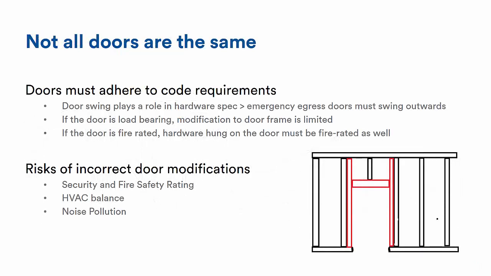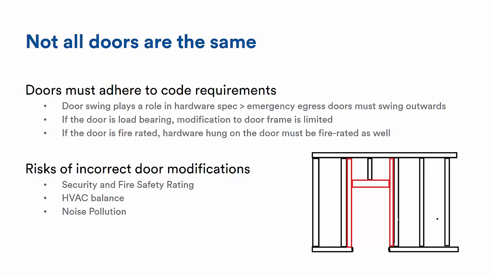But first, note that not all doors are the same, and modification is limited to certain doors. Now, doors must adhere to code requirements. The door swing plays a role in hardware specifications, as emergency egress doors must swing outwards. Inward swinging doors slow down the flow of movement during mass egress in the event of an emergency.